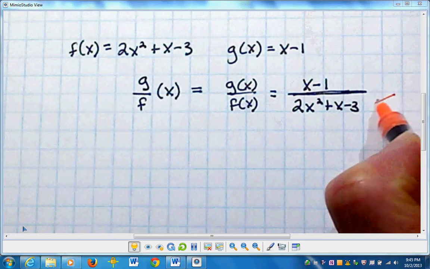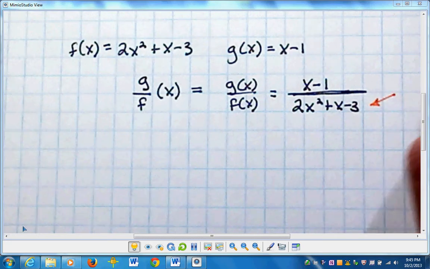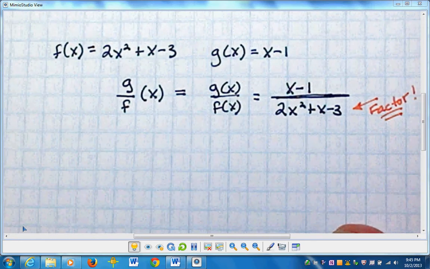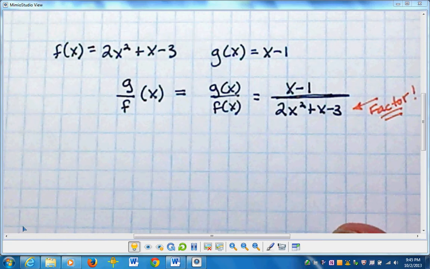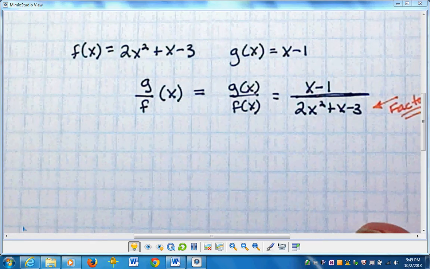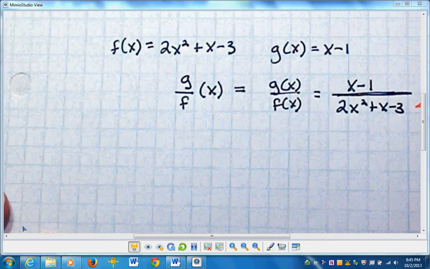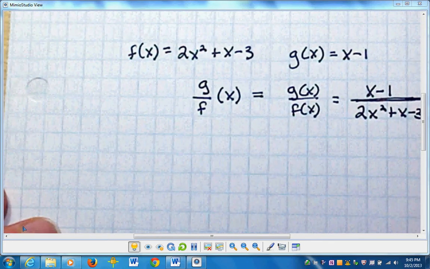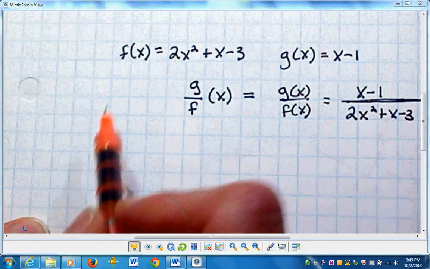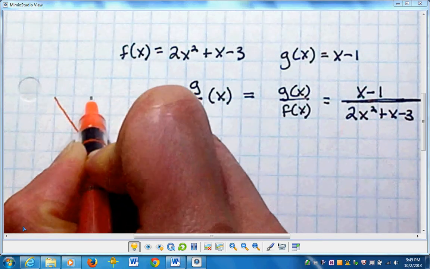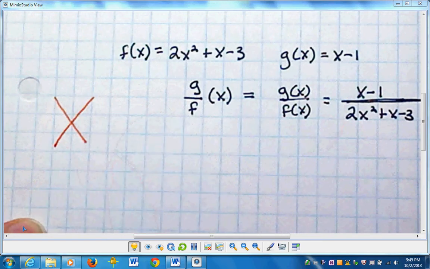And I believe this polynomial here can be factored. So I want to factor that, and I'm going to show you how I factor it. So let's just go off to the side over here. What I'm going to do is set up this x, which is going to help me figure out what my factors are.